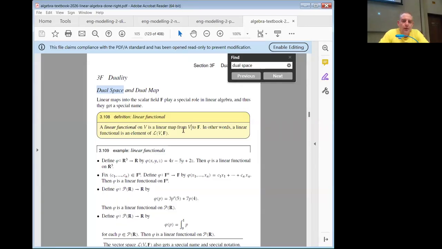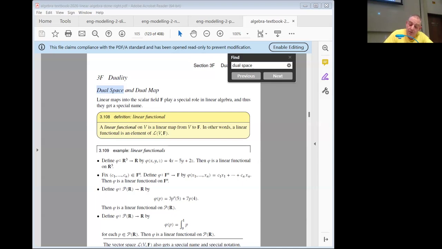Okay, so we have a definition of a linear functional at the beginning of this. We're going to assume that V is a vector space, I presume. I'm going to get there in a second, just bear with me.